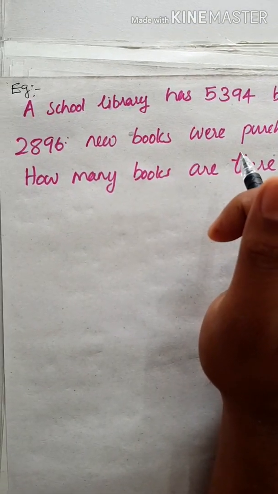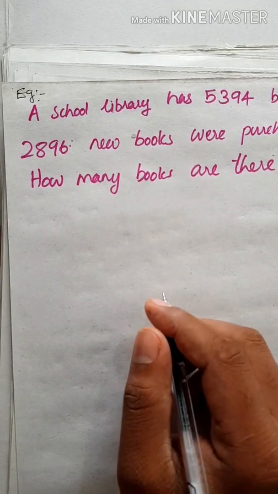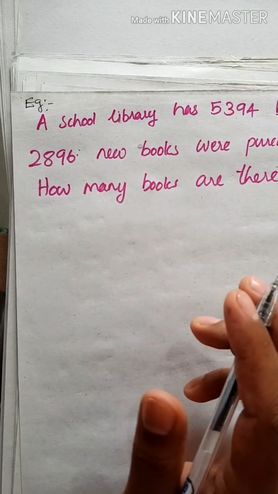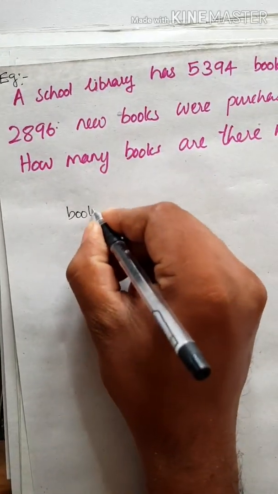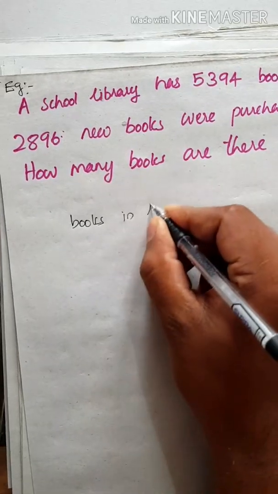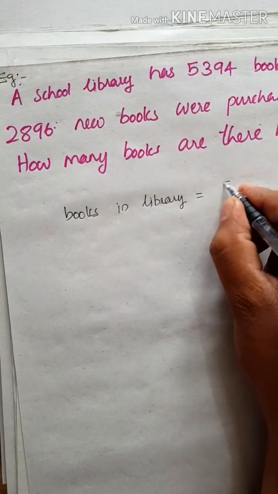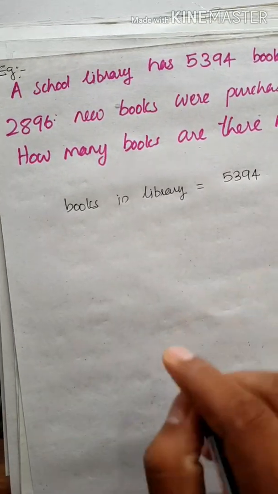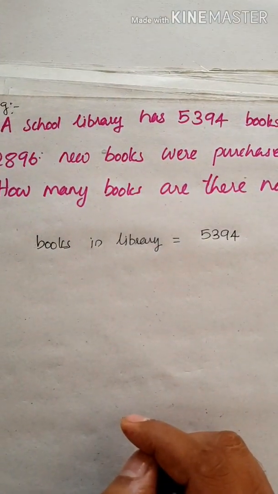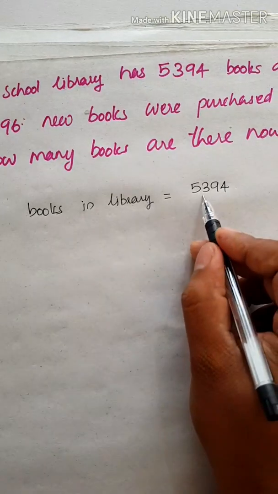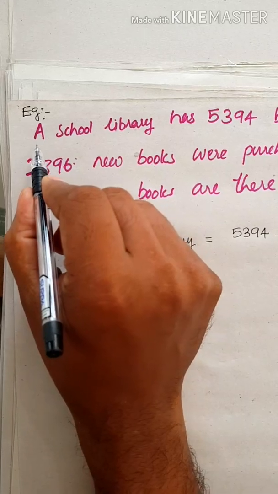So the first statement is that we will write: books in library is equal to 5,394. Read it again.